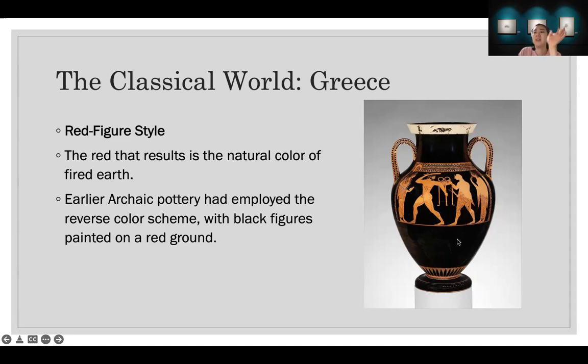And the red that results is the natural color of fired earth. Earlier archaic pottery had employed the reverse color scheme, with black figures painted on a red ground.